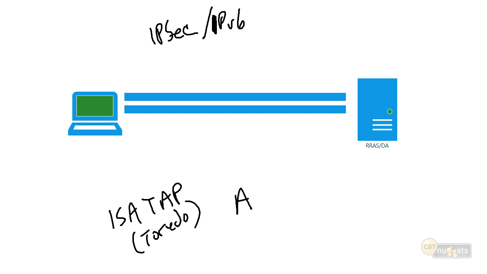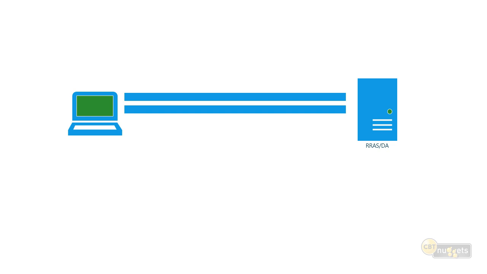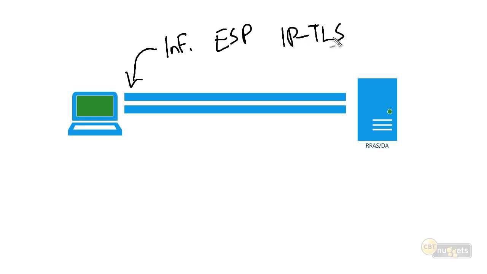So let's make some room here and talk about these two tunnels specifically. The first one, the infrastructure tunnel. This is constructed using the IPsec Encapsulating Security Payload, ESP, and it is built with IP-TLS, Transport Layer Security encryption, and it uses the machine certificate that's installed on your client computer.